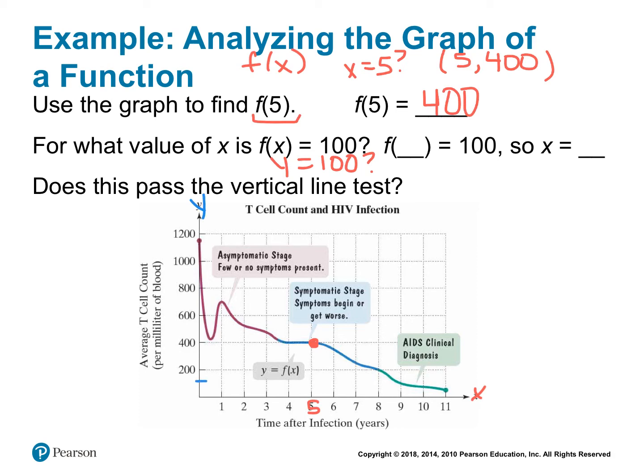If I trace that across, it looks like it hits right here at 9. So at f of 9, we're going to get 100, so the x is 9, because that's the same as f of 9 equals 100. Or f of x, you could replace it with an x.